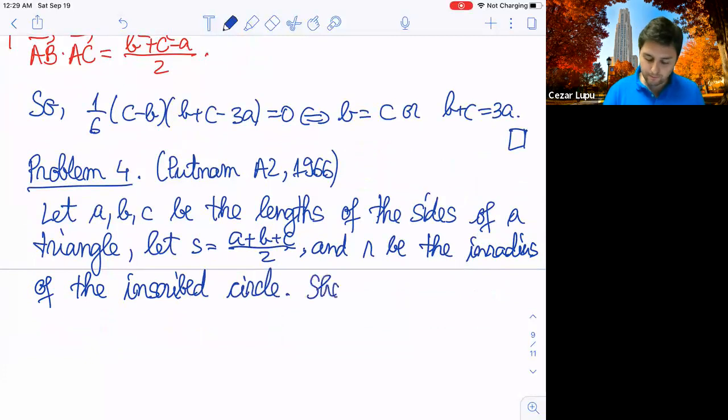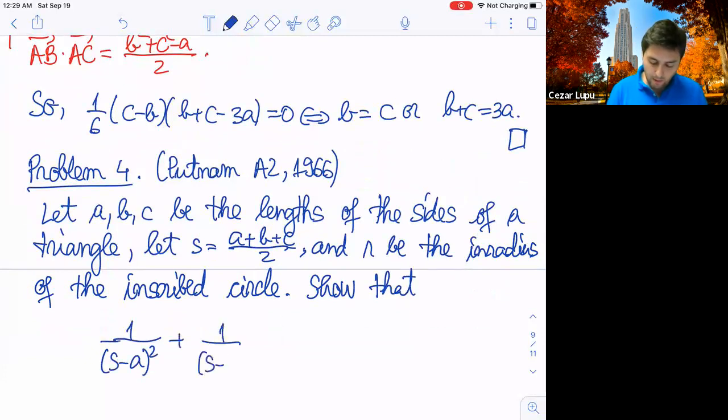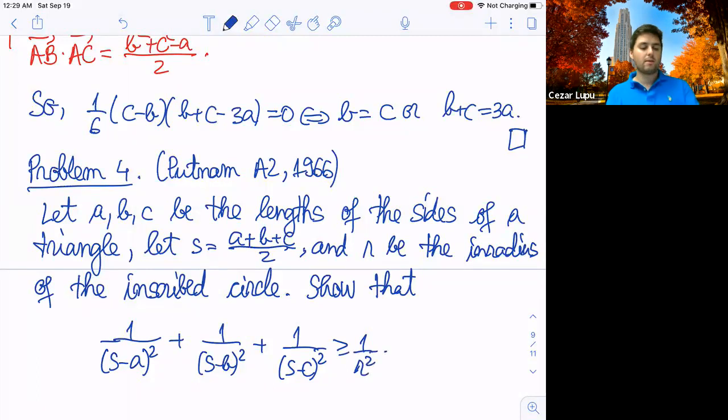Show that (1 over (S minus A) squared plus 1 over (S minus B) squared plus 1 over (S minus C) squared) is greater or equal than 1 over R squared. All right, so that was the problem.